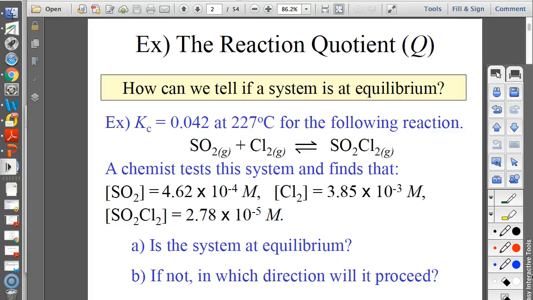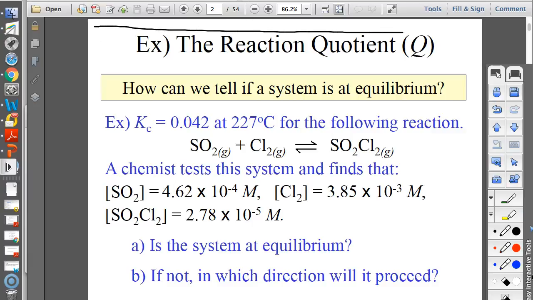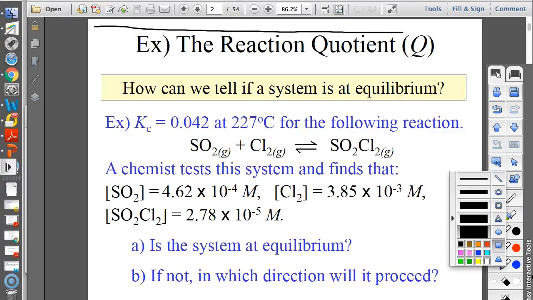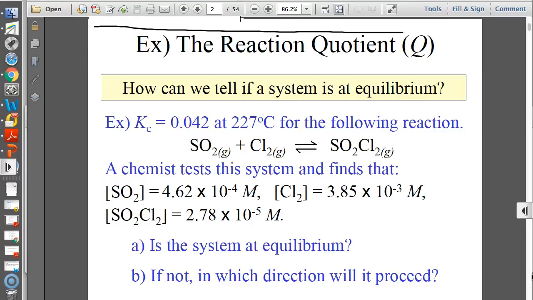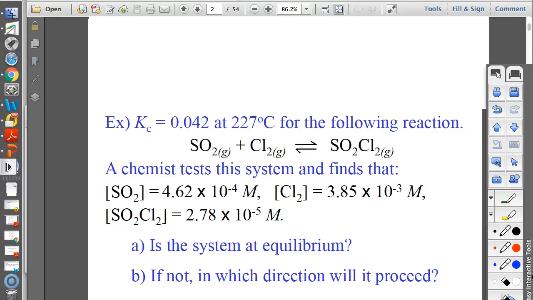The first thing you should do on any equilibrium question is not make an ice table. That's tempting. That's wrong. The first thing you should do is write the equilibrium expression. And I already did that, but I thought I was doing something else. Oops. I'll make it go away. So we're not going to write Kc equals blah, blah, blah.